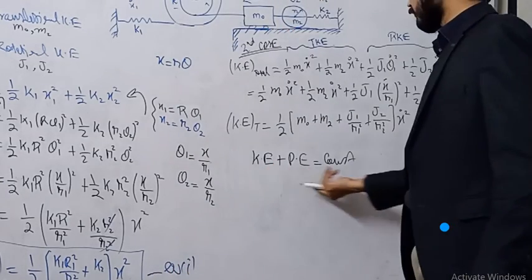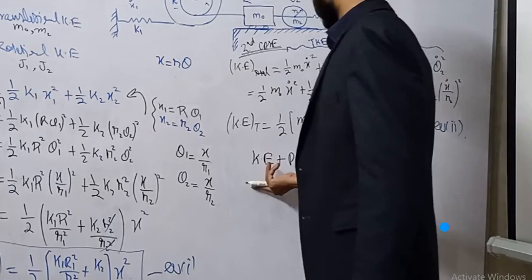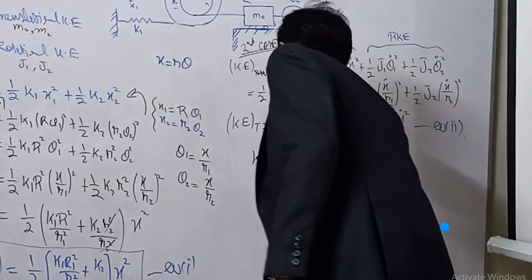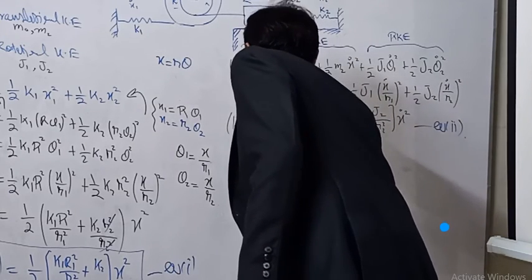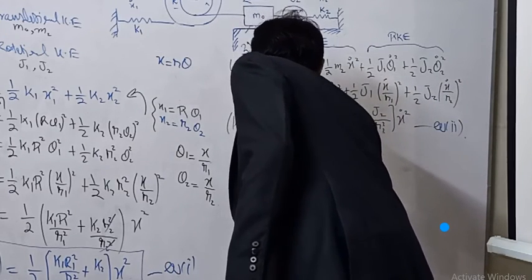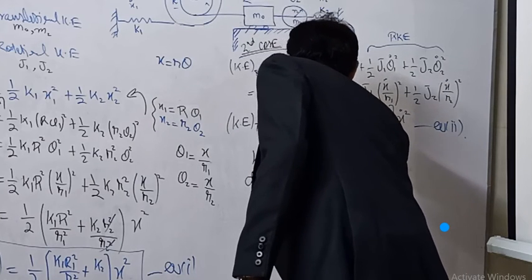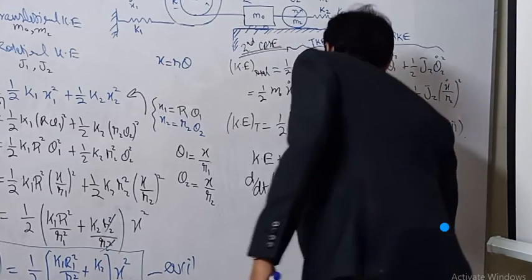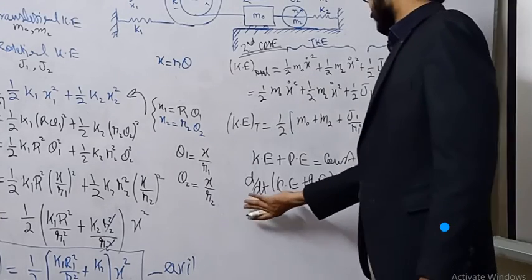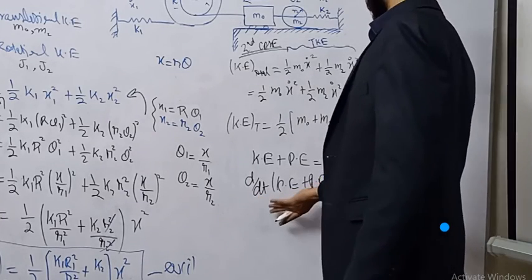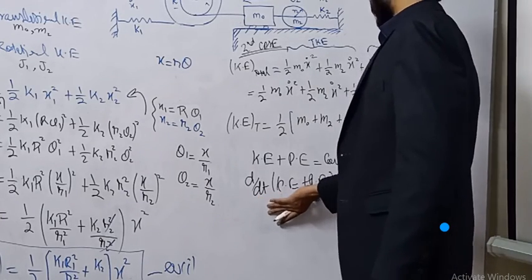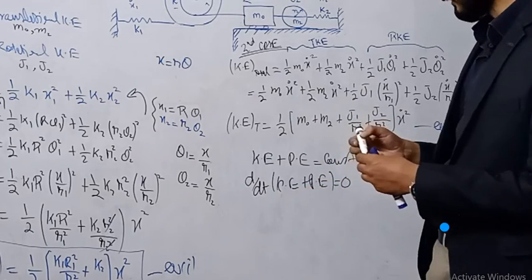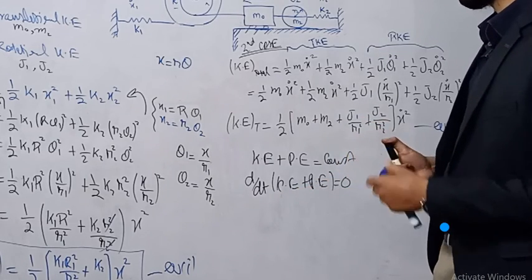Now we want to find the change, so we take the derivative, and d by dt of kinetic energy plus potential energy will be equal to 0. We have to take the derivative of the sum of kinetic and potential energy, so we will take the derivative of both terms separately.